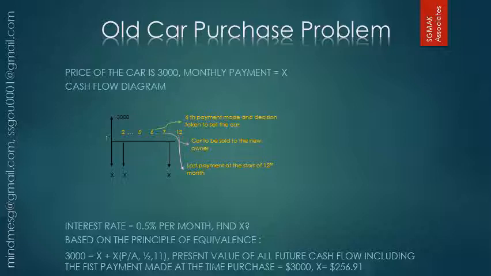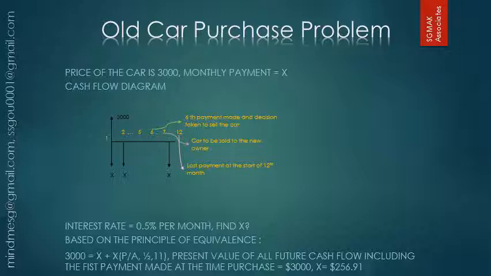In addition, the new buyer has agreed to pay you $1,000. So the question is, when the seventh payment is due and the new buyer takes the car from you, how much is it going to cost him?